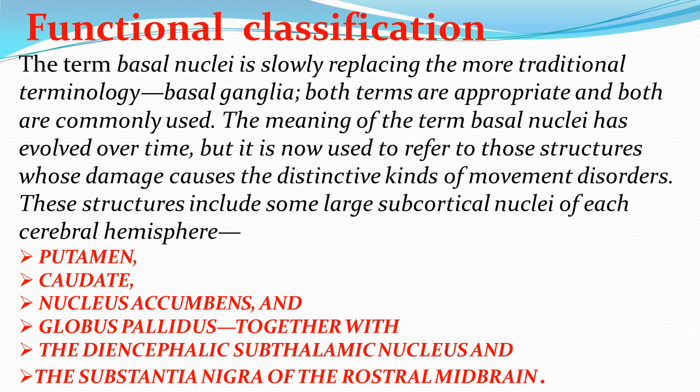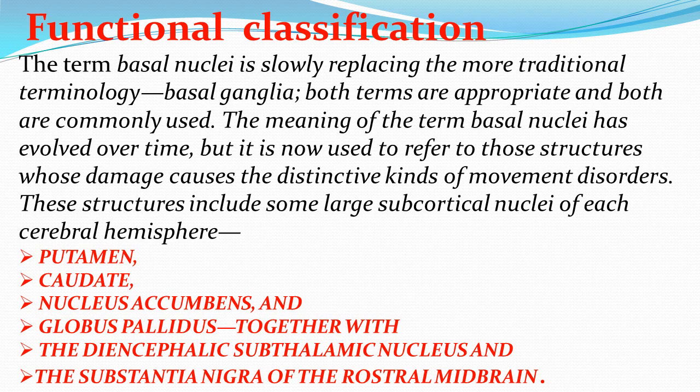These structures include some large subcortical nuclei of each cerebral hemisphere, along with lower nuclei in the diencephalon and midbrain. This is putamen, caudate nucleus, nucleus accumbens, globus pallidus. These are the basal nuclei.